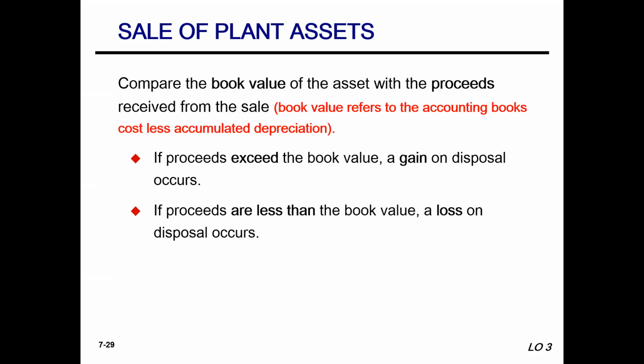Just know any asset that is sold for more than book value, the difference between book value and whatever they paid for it, is your gain on sale. And it does increase your income statement. It's not a cash gain. You got the cash, $70,000. The gain is recognizing the difference between book value and fair value received.